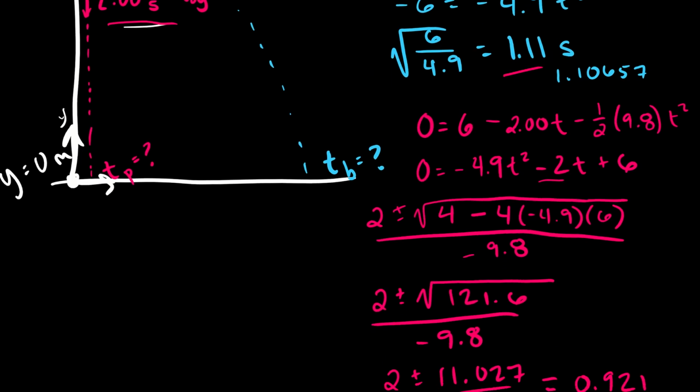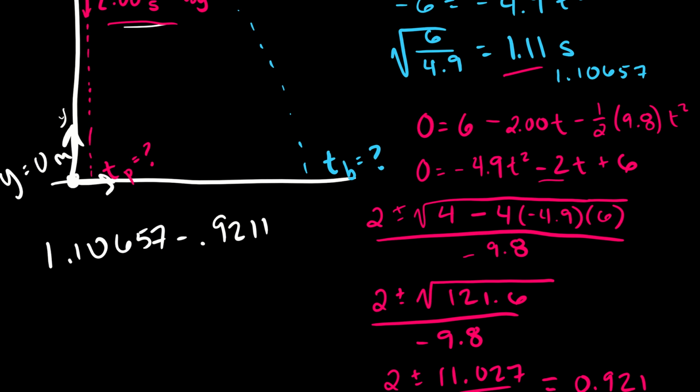Now we just have to subtract the two. Let me switch colors here. So we had 1.10657 minus 0.9211.